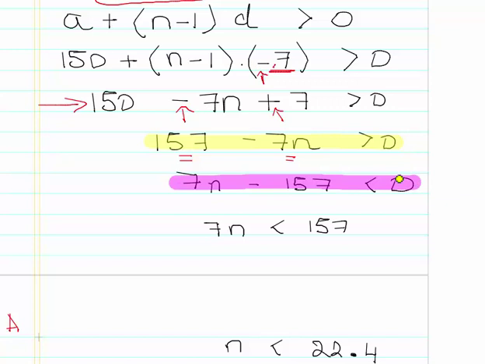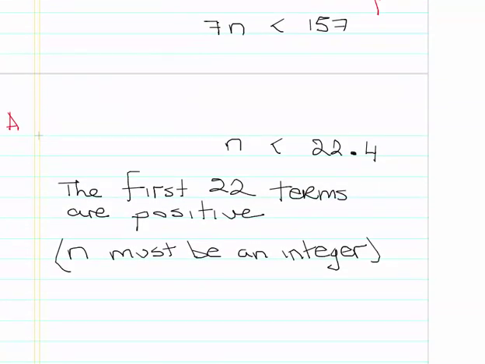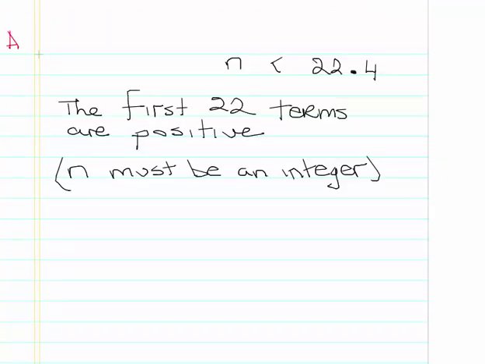Switching the sign means we have to update the inequality direction appropriately. So 7n is less than 157, just adding 7n to both sides. Therefore n is less than 22.4. So essentially the first 22 terms are positive, recalling that n must be an integer. So that's part A.